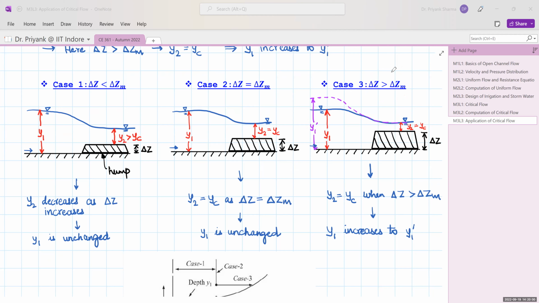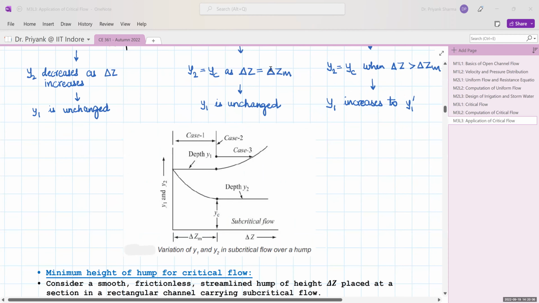So this is what can be summarized for the subcritical flow, and a graph here shows the same variation. These are two curves, one related to the depth Y1 and another related to the depth Y2. So what happens to depth Y1? In the first case it is unchanged. Again in the second case, at this point, this line represents the second case, it is unchanged.